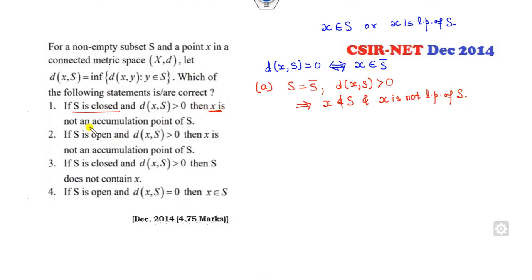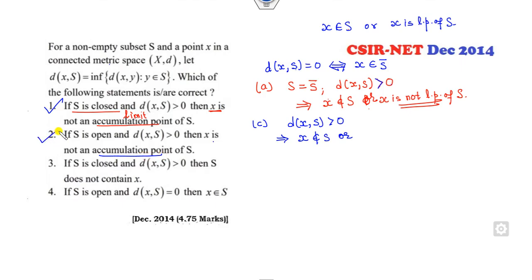Then x is not an accumulation point. That means not a limit point. So that's true. Either this property is satisfied or that one is, because this is not 0. It means x is not a point of S. If S is open and again this property holds, what does it mean? x does not belong to S, or x is not a limit point.